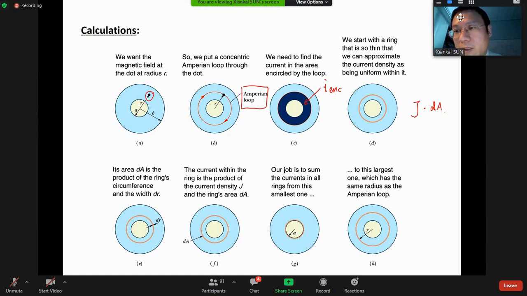No. Because in this case, J is not constant. We have to do an integral to find out the value. So how do we approach this problem? We can start with a ring that is so thin that we can approximate current density as being uniform within it.